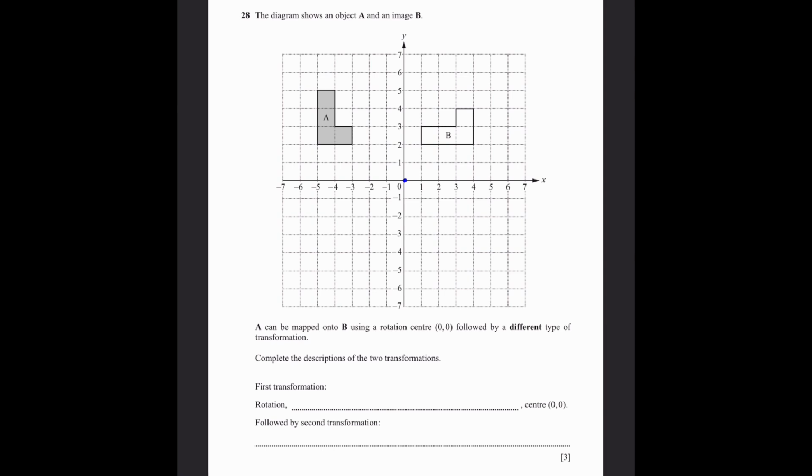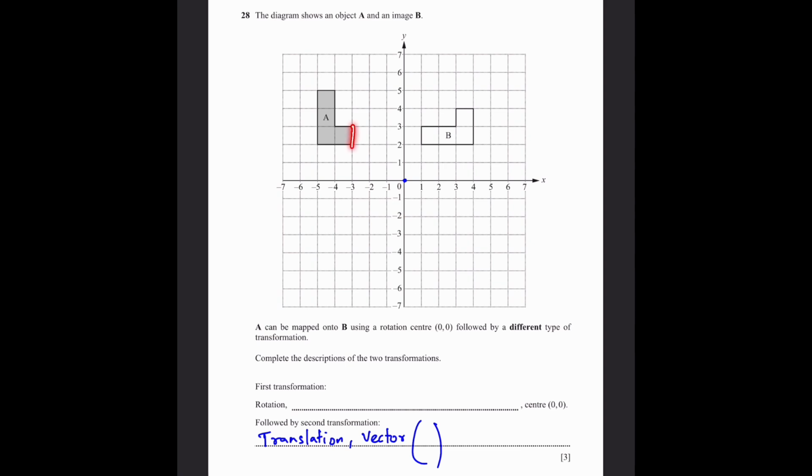So we know that the second transformation is translation. Now we need to find the vector of that. But to find the vector, we need to do the first transformation, which is rotation. So we rotate this way, which is anti-clockwise. And we rotate it 90 degrees.